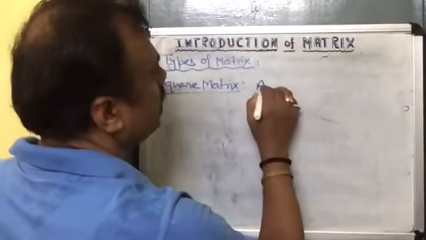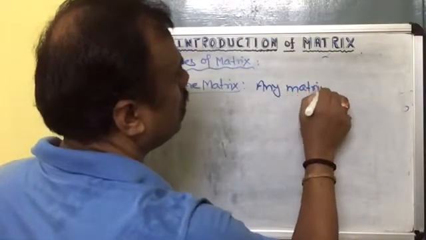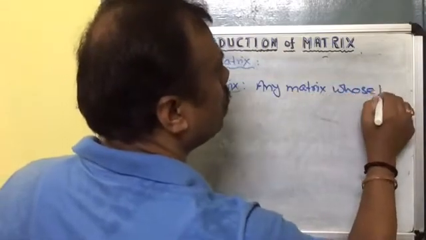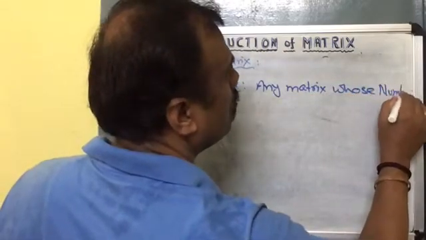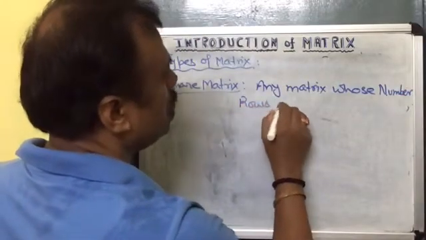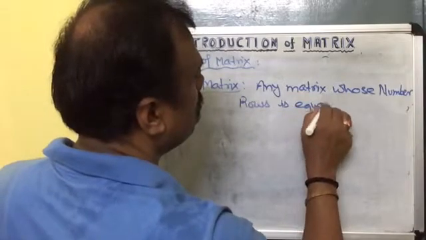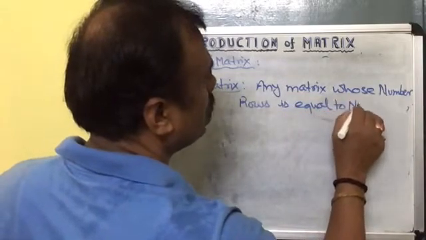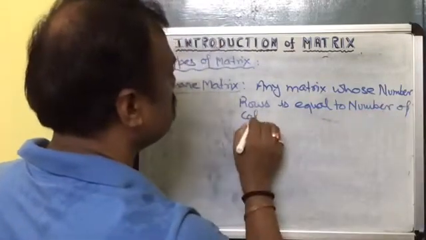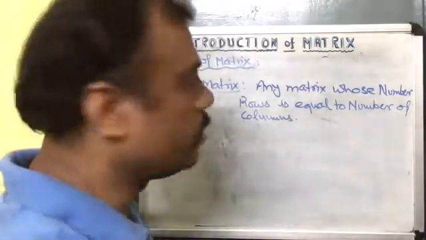So any matrix whose number of rows is equal to number of columns is called a square matrix.